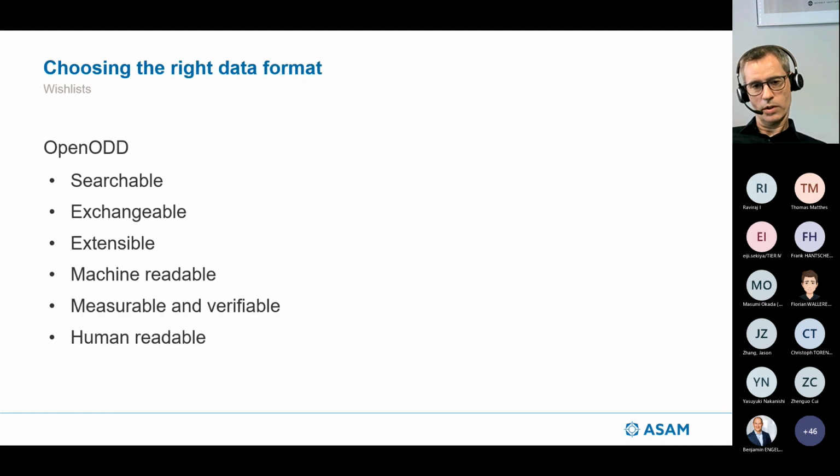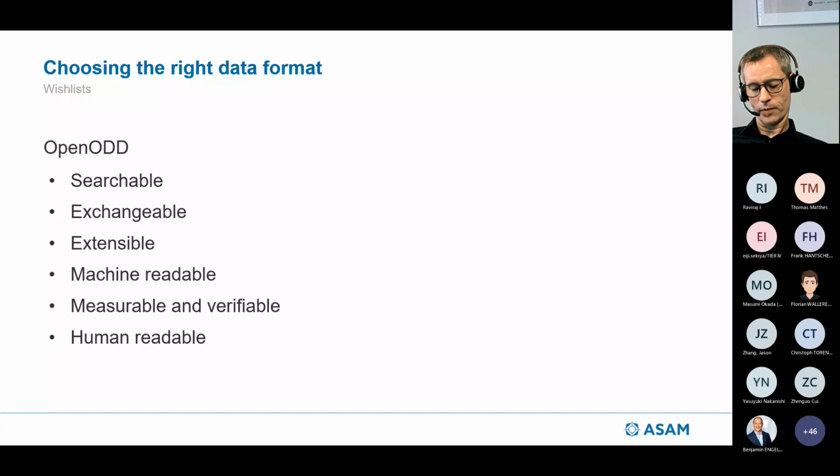Choosing the right data format. I've copied a wish list from OpenODD about the data format, and I would just give you the requirements of the data format. It should be searchable, exchangeable, extensible, machine readable, measurable, verifiable, and human readable.